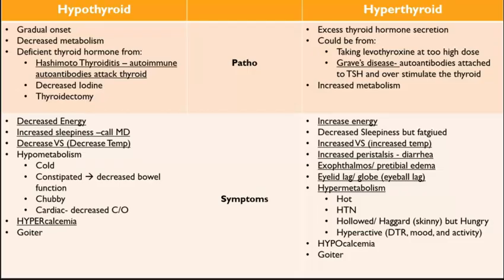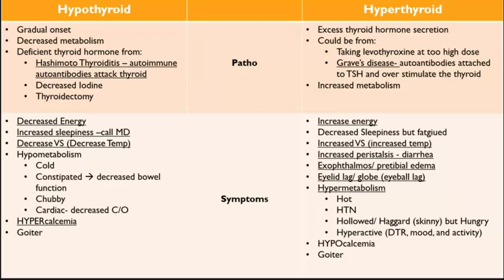Hypothyroid. You don't have enough T3, T4. It could be from long-term Hashimoto's, which is an autoimmune where the autoantibodies attack the thyroid gland itself. At first, they're going to be hyper, but as the gland dies off, it cannot produce T3, T4. It could be the diet, not having enough iodized salt in their diet.